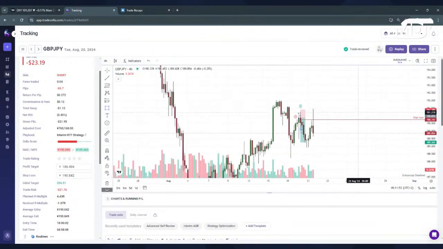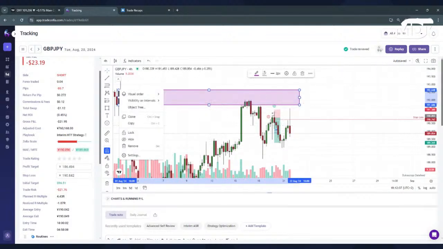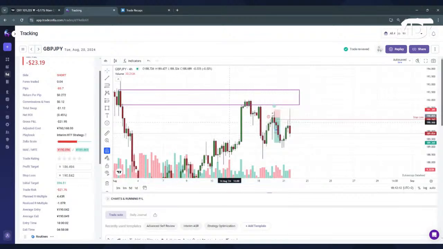Let's see here. The first order block that I made reference to was this one here. That's the first order block that price traded out of.